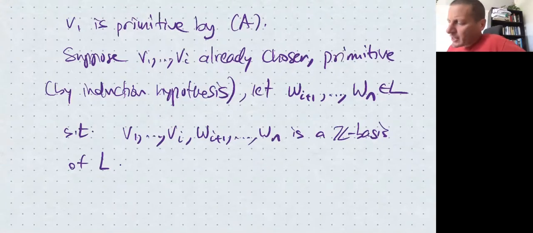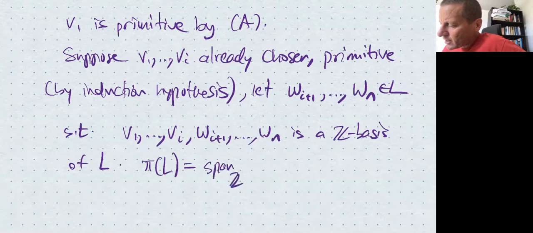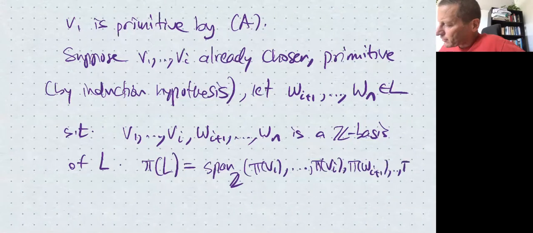Now let's look at pi of L. Pi of L is the Z-span of pi of v1, ..., pi of vi, pi of w_{i+1}, ..., pi of w_n.